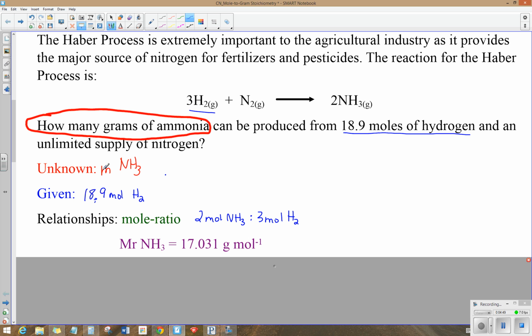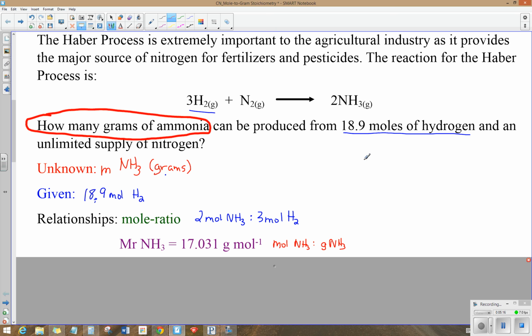And then because we're looking for the mass, or the grams of ammonia, I also included the molar mass of ammonia in here as well, because this tells us the relationship between moles of ammonia and grams of ammonia.